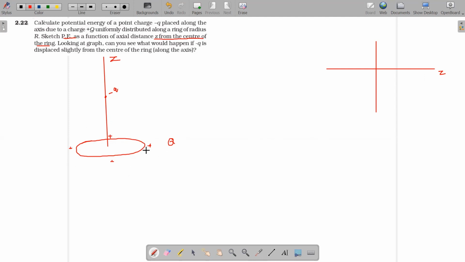Here, charges are distributed over the length. There is a linear charge density, charge by 2 pi r, where r is the radius.